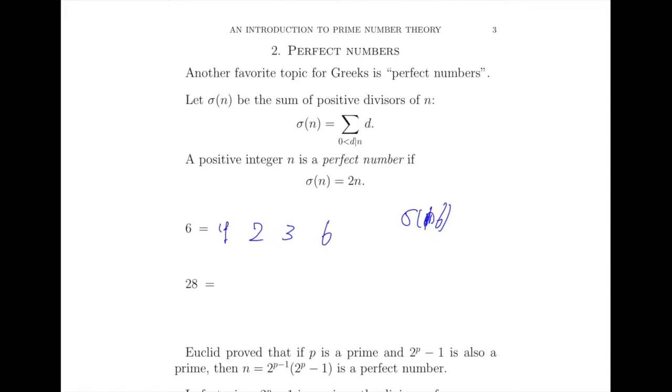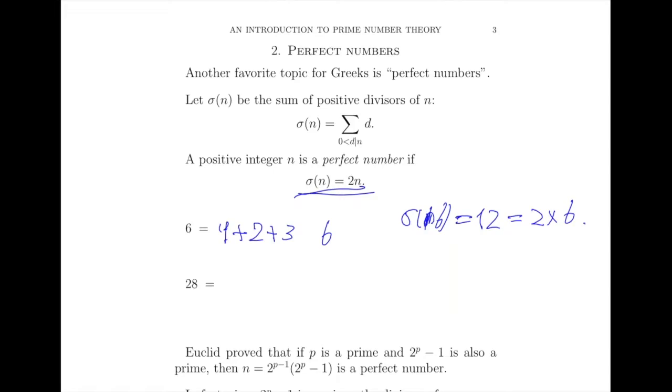If we sum up all of these four numbers, this is equal to 12, which is twice 6. This agrees with the definition, so 6 is a perfect number. Or maybe better to say, if we sum up 1 plus 2 plus 3, that is all divisors except for 6 itself, then 1 plus 2 plus 3 is equal to 6. Maybe this is more impressive.